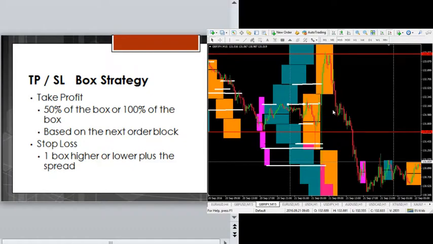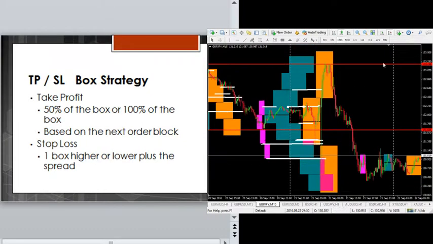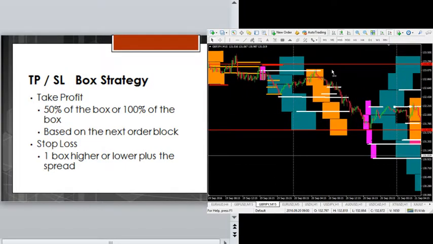Okay, so for the pre-London box, it reached the 75% of the pre-London box and the 50% of your pre-Asian box, and then it went down because there's an order block from the hindsight, which is this area.